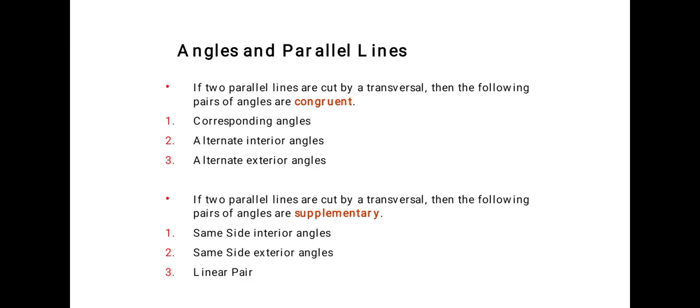When you hear the words same side, that means they are supplementary. And of course, a linear pair is supplementary because they form a straight line. If they form a straight line, the total of their angles is 180 degrees.